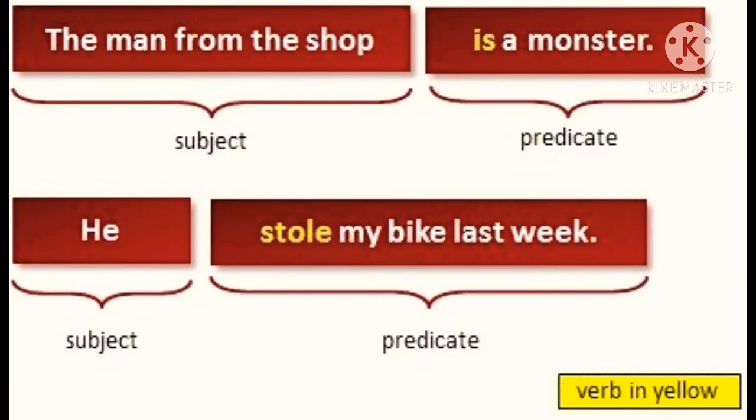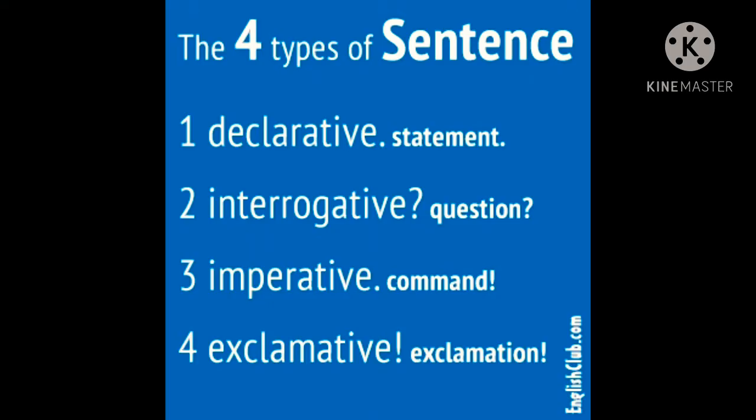So basically what we have learned is that the sentence is divided into two parts. The first one is the subject, which contains the noun or the subject, and the second part, that is the predicate, which includes or contains the verb in it.